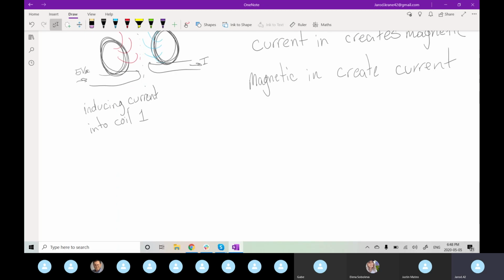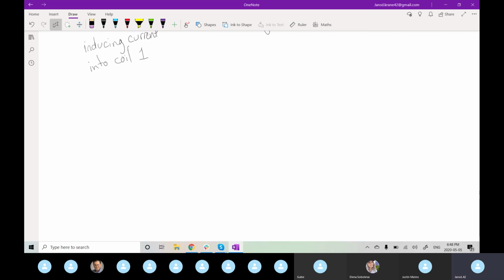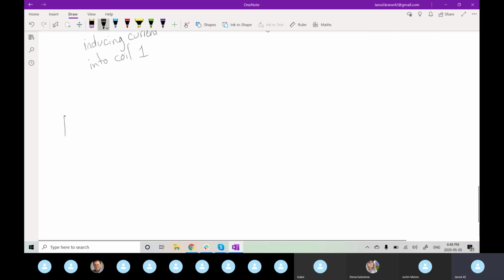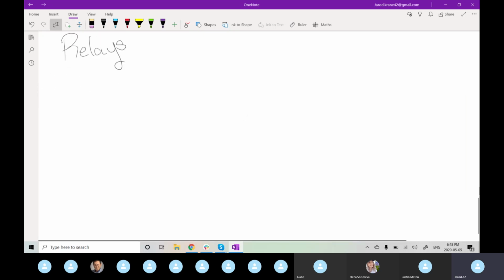And then on to the last thing on inductors. I'll go on relays. Yeah, a relay, again, it's a mechanical switch.